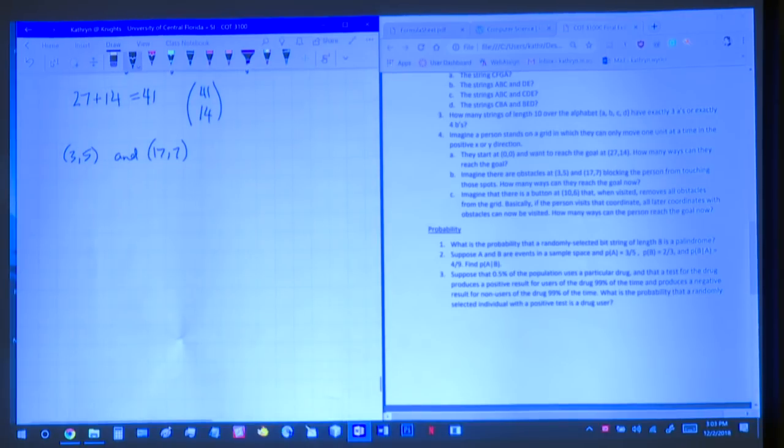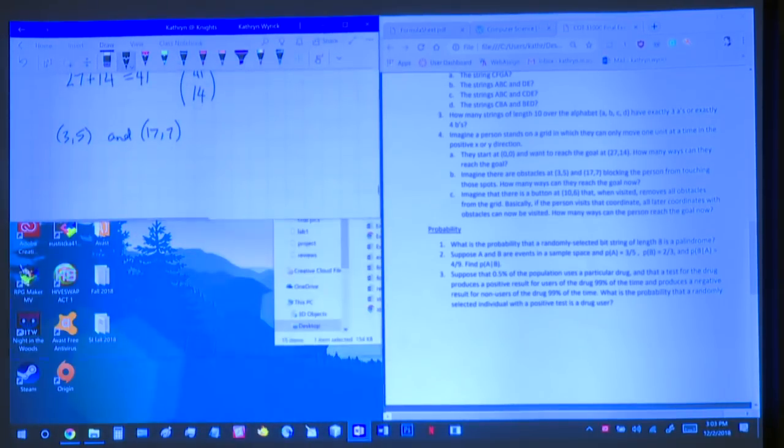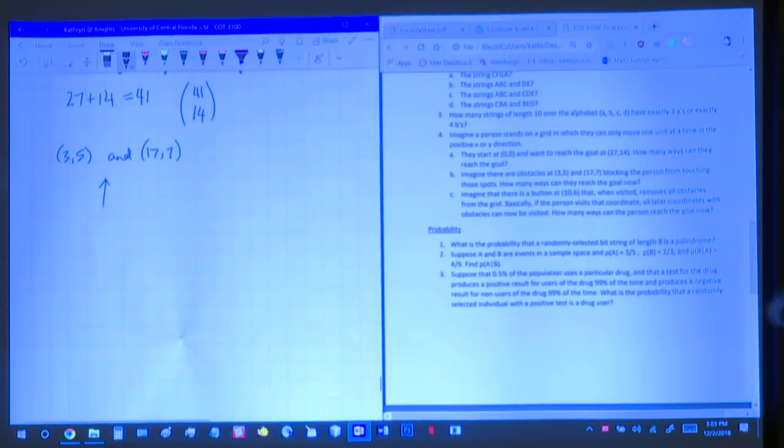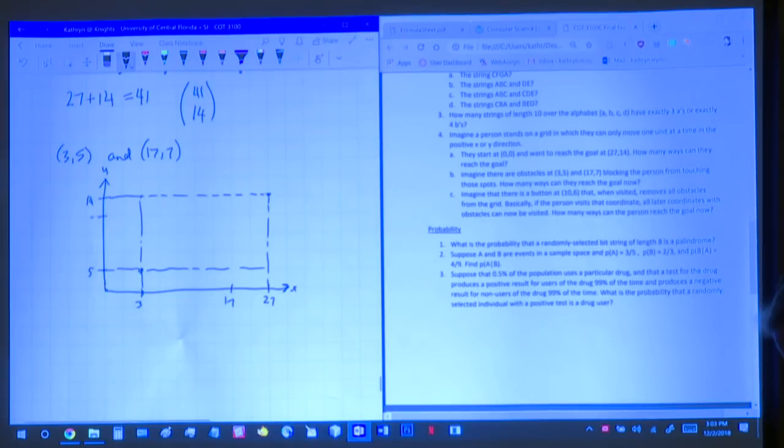For these grid problems, I like to draw it out, really loosely: X, Y, 27, 14, and then 3, 5, and 17, 7.